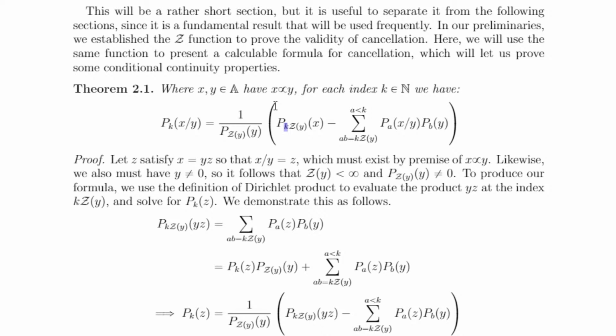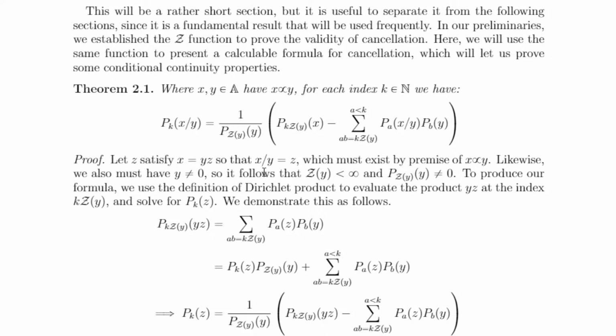And so you'd end up with this projection onto the kth index of whatever x is, which in the simplified case, where we just want to take the reciprocal of y, x would just be the unit, which is e1, the first basis vector. The projection of e1 will be 1 if this index k happens to be 1, and 0 otherwise.